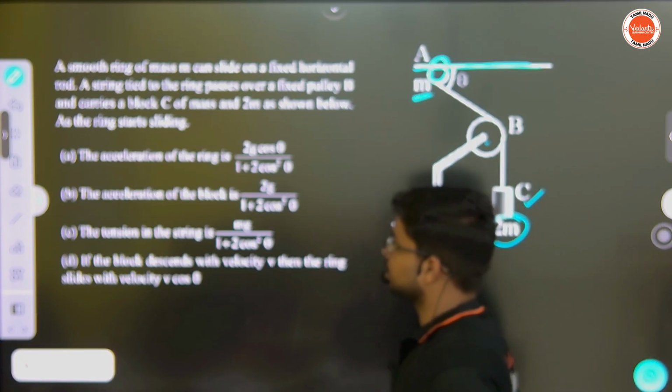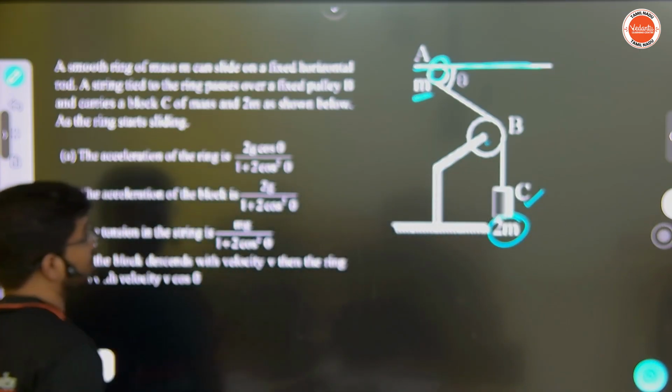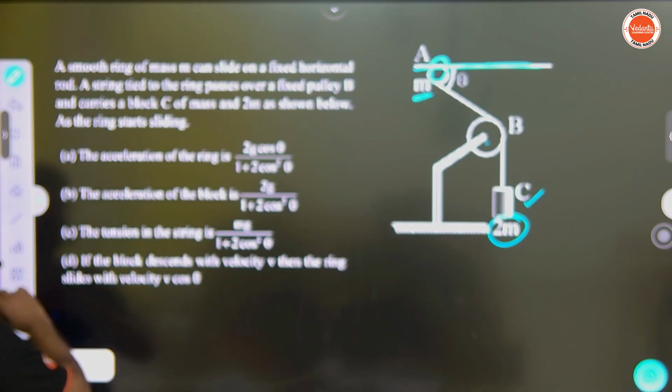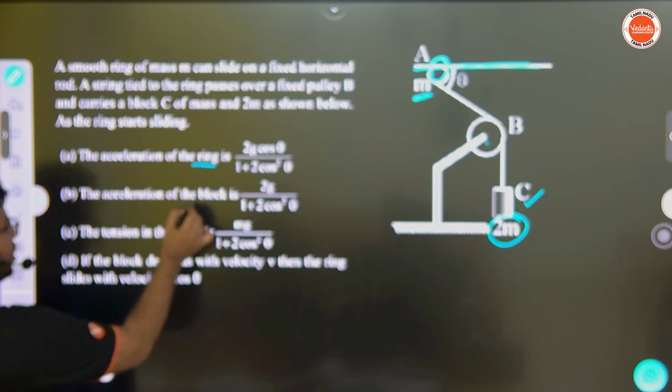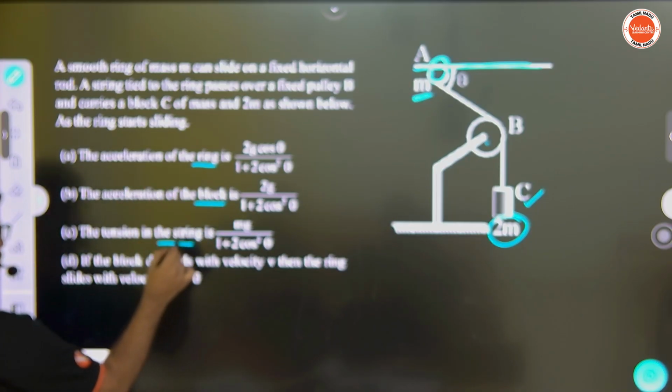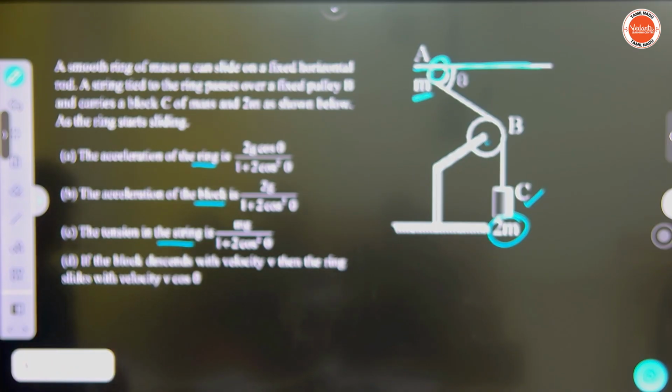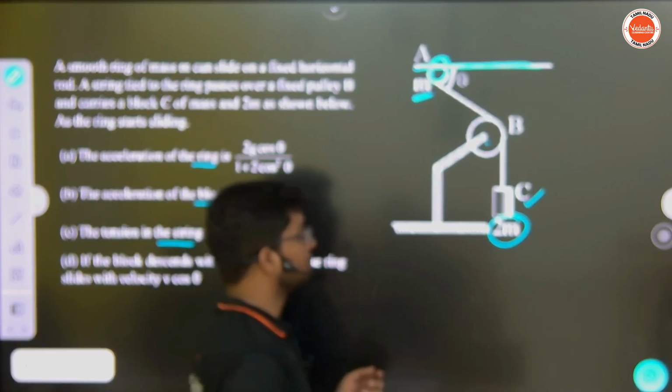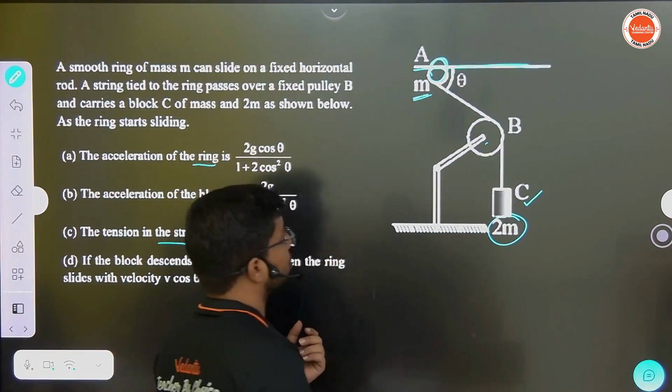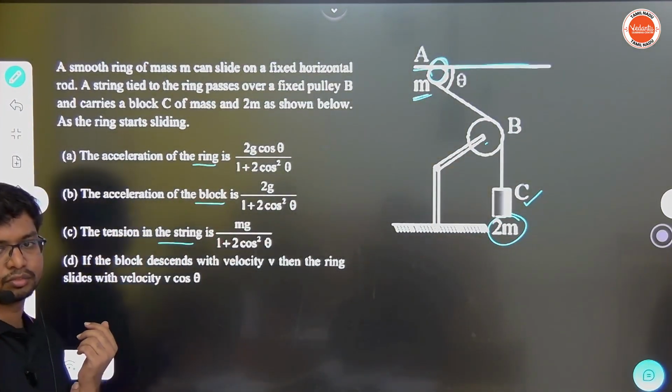As the ring starts sliding here, they're asking for the acceleration of the ring, acceleration of the block, tension in the string, and if the block descends with a velocity of v, then the ring will slide with a velocity of how much? V cos theta. Okay, you have to decide which is the correct option, correct answer over here, right?